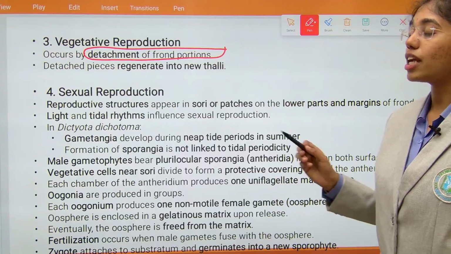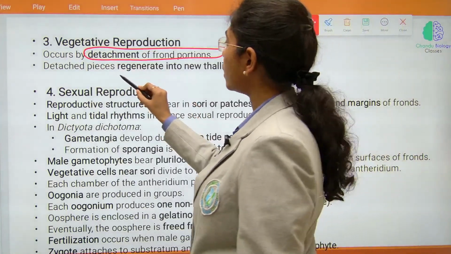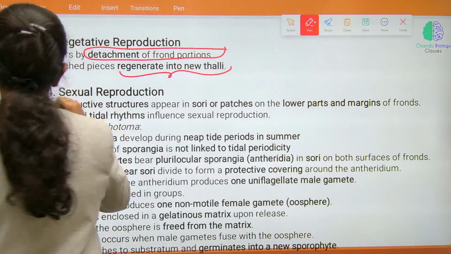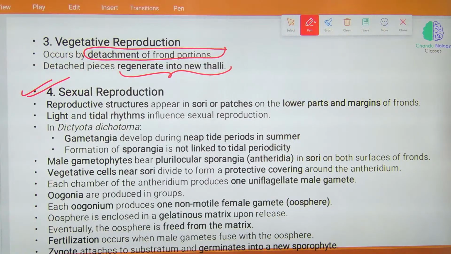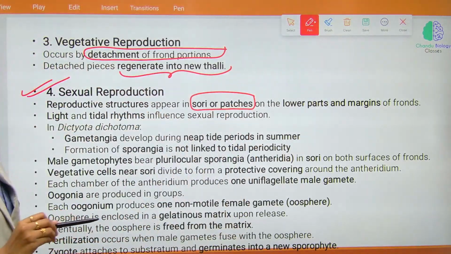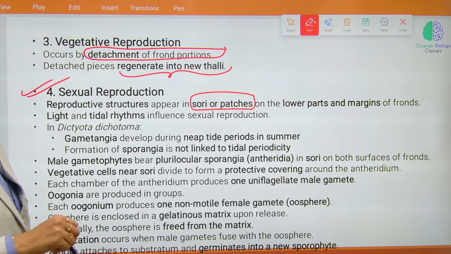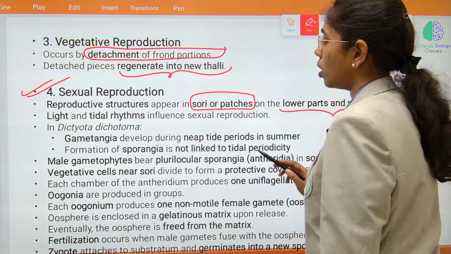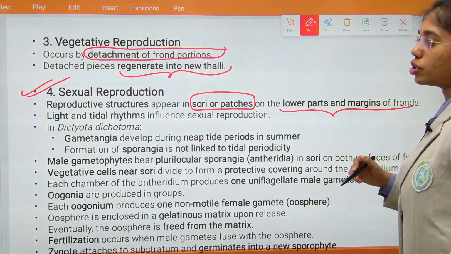The piece will later regenerate into new thalli. In sexual reproduction, the reproductive structures appear as sori or patches on the lower parts or on the margins of the fronds.